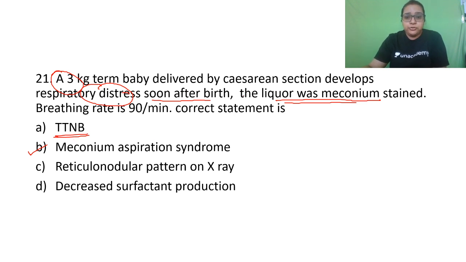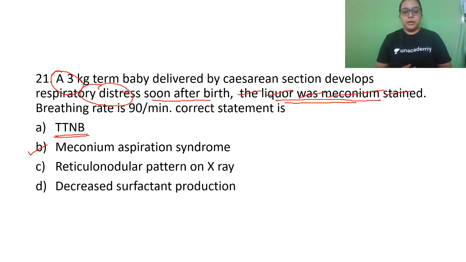But if it was not given in the question that the liquor was meconium stained, then you would have gone for TTNB. But when they have already given that the liquor was meconium stained, this is clearly a picture of meconium aspiration syndrome. So if you see it this way, this is a very straightforward and simple question.